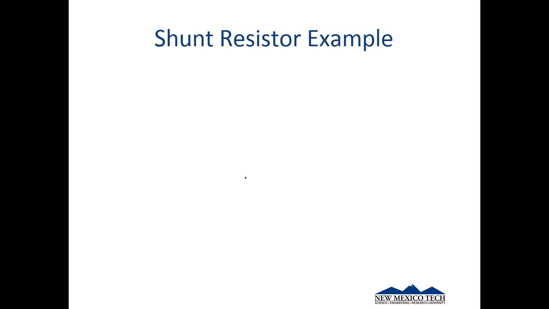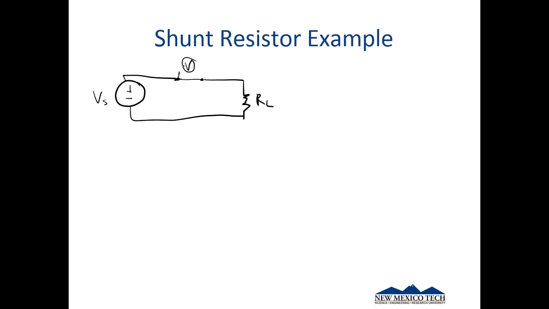So for example, suppose I've got some circuit like this, and I've got my shunt resistor. I don't know what that load is. I don't know what this source voltage is. Doesn't really matter. But I've got my voltmeter here. I want to know the current running through this loop.